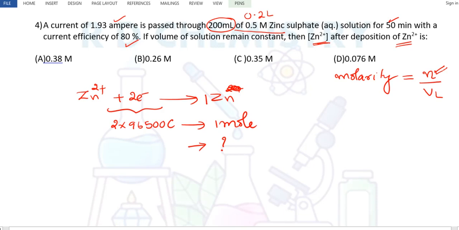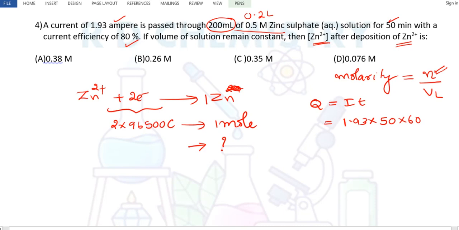I will find out the coulombs: Q is equal to I into T, according to the first law of Faraday. I is given as 1.93 amperes into 50 minutes. Minutes should be converted into seconds, so multiply by 60 seconds.